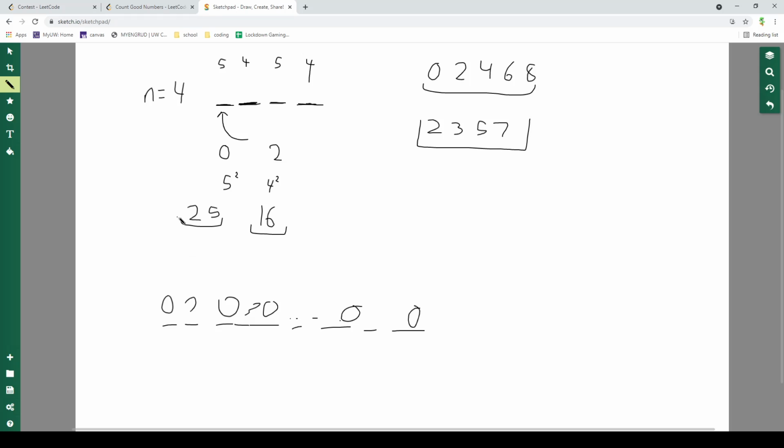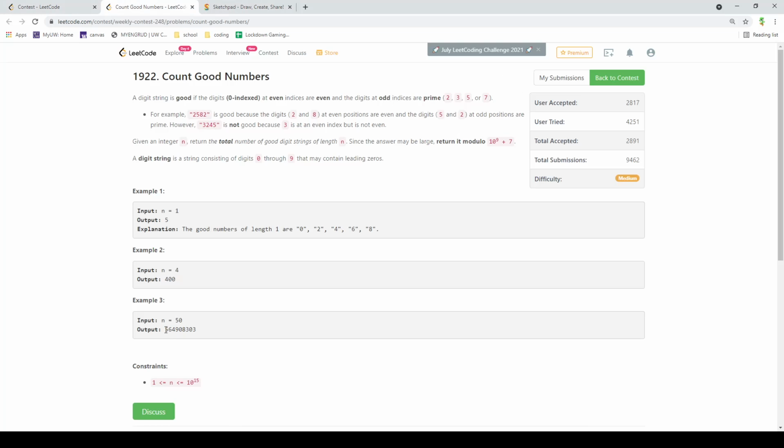So we know for each of these 25 even sequences, we can pair it with each of the 16 odd sequences. So to get our answer, we can do 25, multiply that by 16, and that's our answer. But we need to modulus it by 10 to the 9 plus 7 to cast it into an integer.